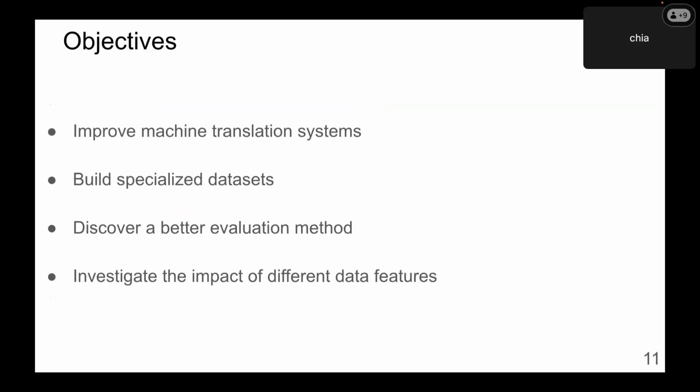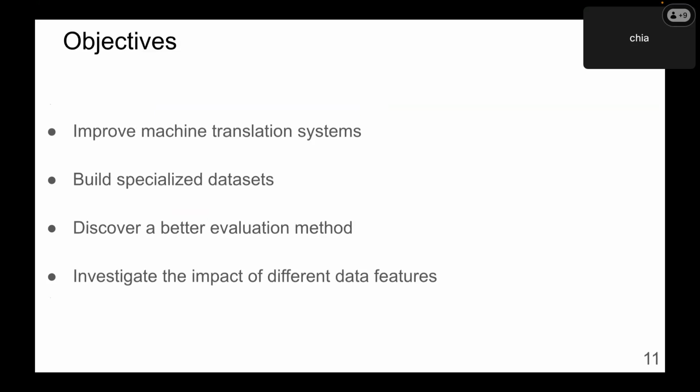For the objective of my research, first I want to improve the machine translation system. Next, I will also build specialized data sets specific for irony machine translation. Also, to discover a better evaluation method for machine translation.